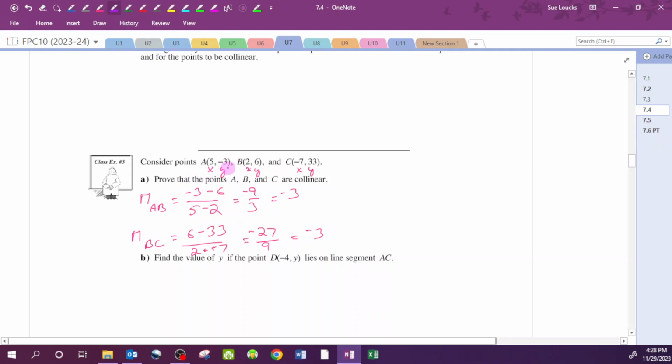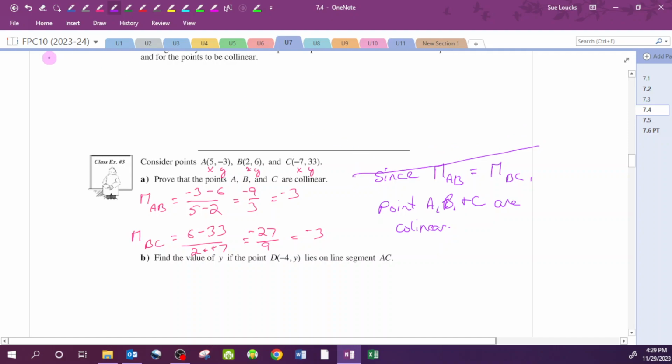It's not enough to just write that and then leave the marker to figure out why I care. You need to write something that tells me the significance of that. So since m_AB, the slope from A to B, equals the slope from B to C, points A, B, and C are collinear.